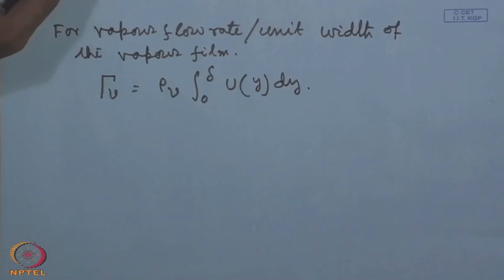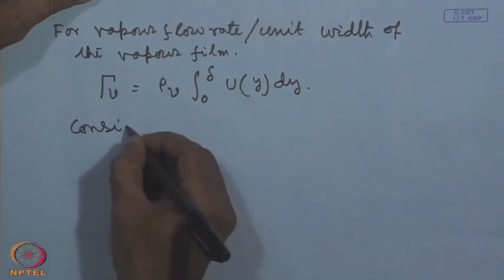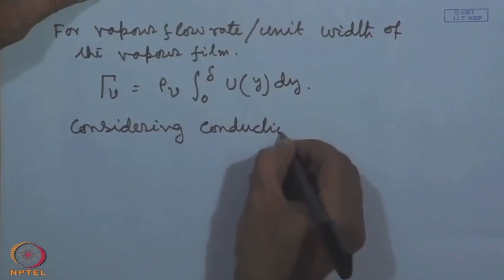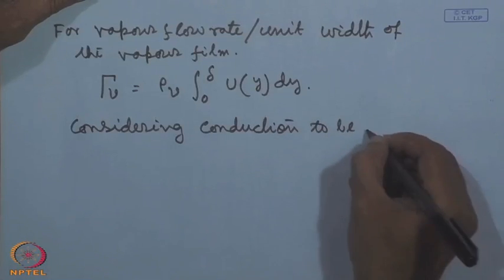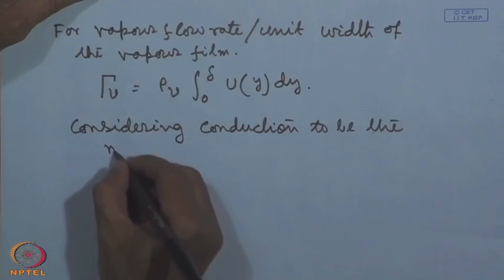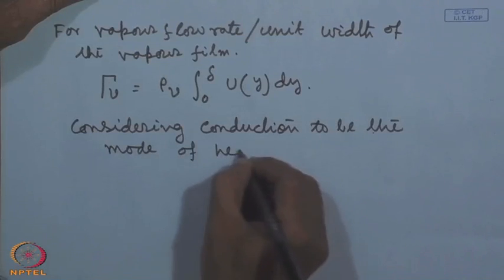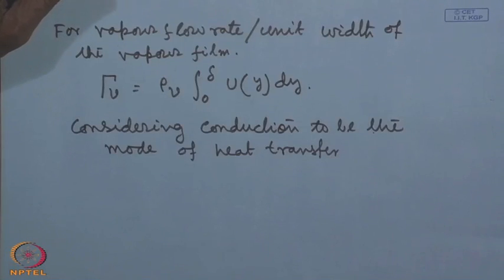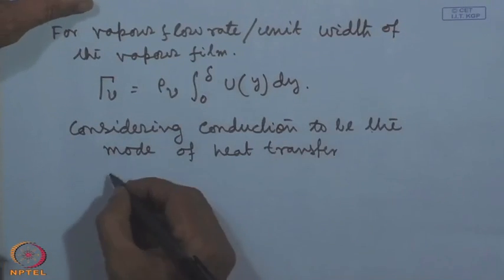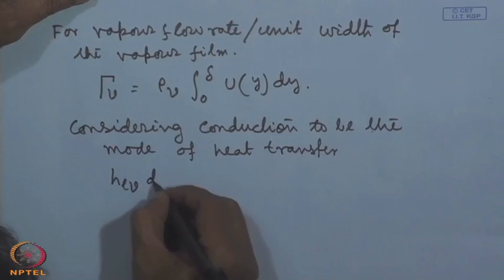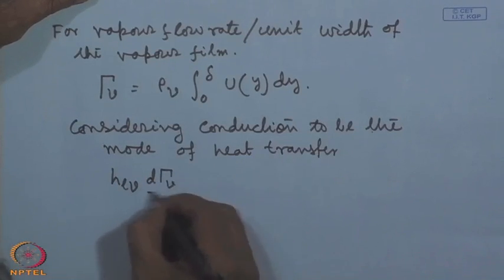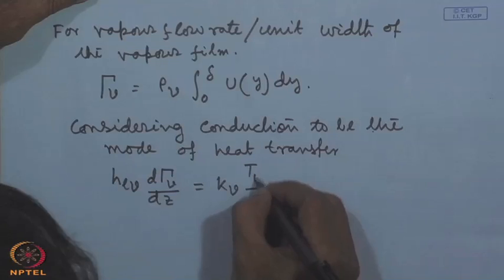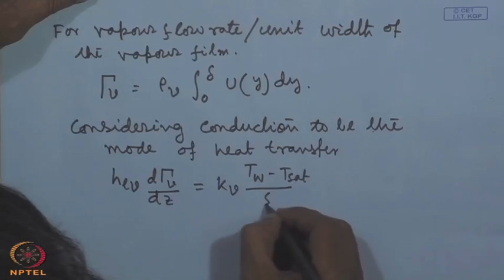Considering only conduction through the vapor film to be the mode of heat transfer, one can get h_LV d tau_V dz is equal to k_V (T wall minus T saturated) by delta.